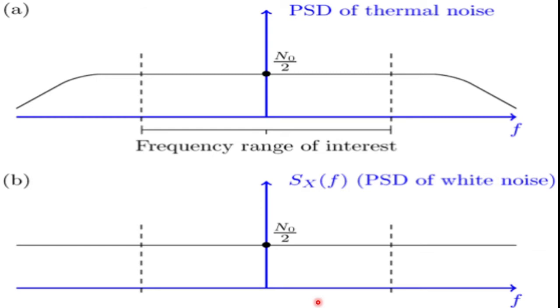The power spectral density Sn of omega, or Sxx of omega, is equal to N naught by 2 for all frequencies. For all frequencies means the frequency ranges from minus infinity to plus infinity. It has a constant value, and that constant value is N naught by 2.